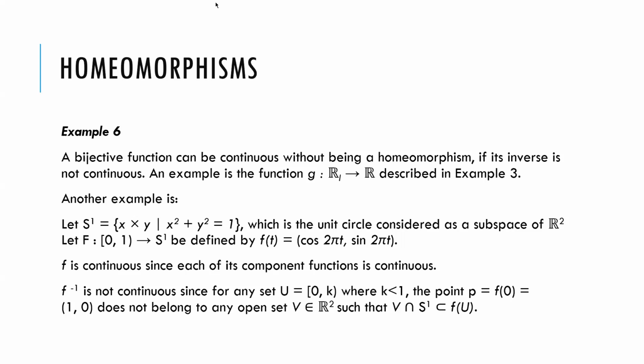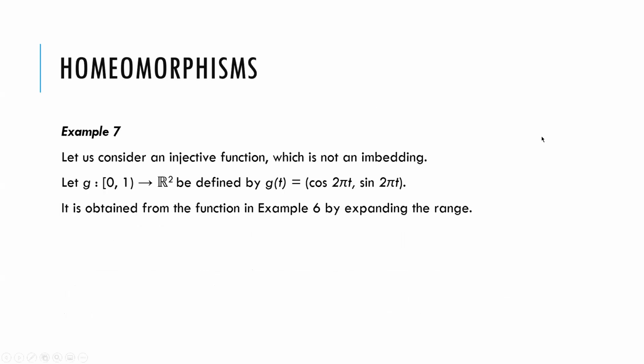in example 7, we consider again the same function, where we just increase the range. Instead of S1, we keep the same rule, but we map the half-open interval from 0 to 1 to R squared. And thus we can see that an injective function may not always be an embedding.